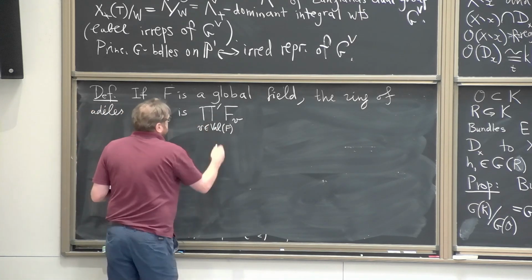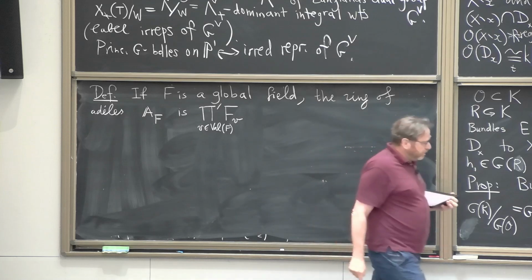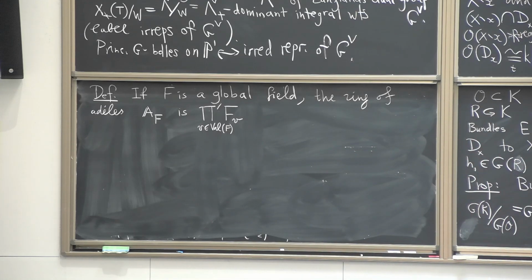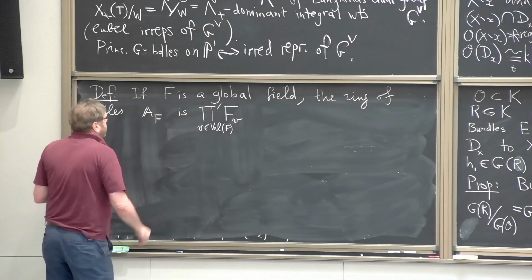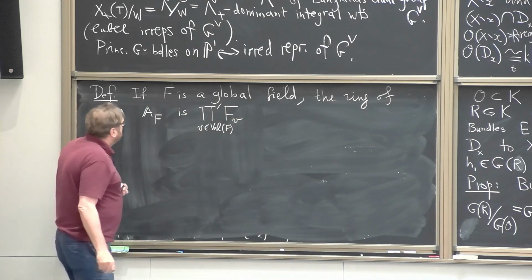And restricted product means in this case that being an integer makes sense in non-Archimedean valuations, and there should be finitely many exceptions like that.